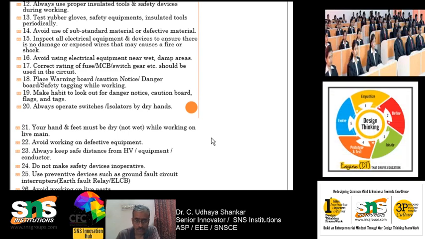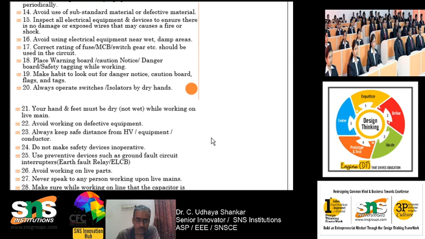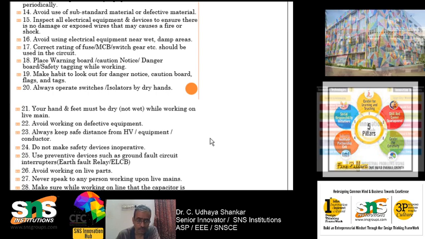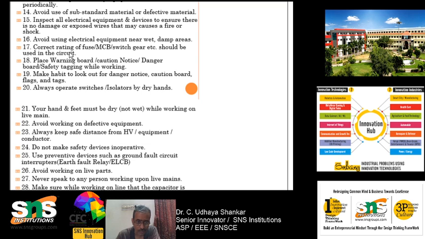Test rubber gloves and safety equipment. Insulated tools should be tested periodically, and we have to avoid use of substandard or defective materials. Inspect all the electrical equipment and devices to ensure there is no damage or exposed wires that may cause a fire or shock, and the correct rating of the fuse and MCB should be used.